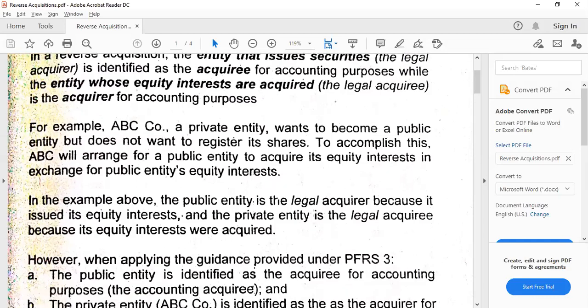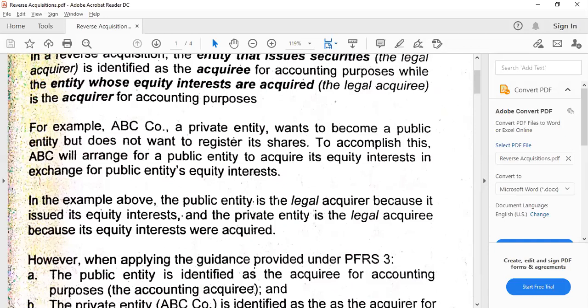So in this case, the private entity is the legal acquiree because it is to be acquired contract-wise, legally speaking, by a public entity. So legally speaking, it is the acquiree and the public entity is the legal acquirer.